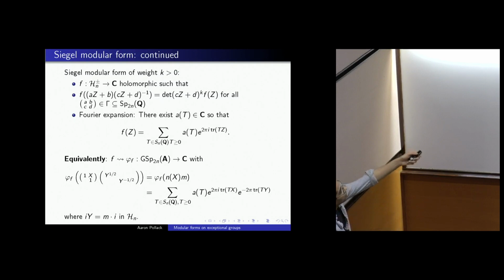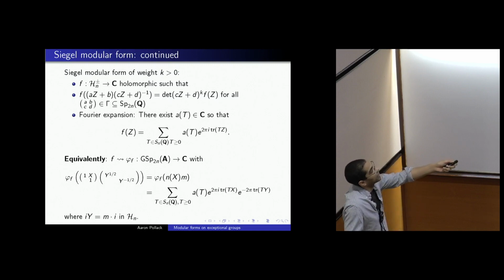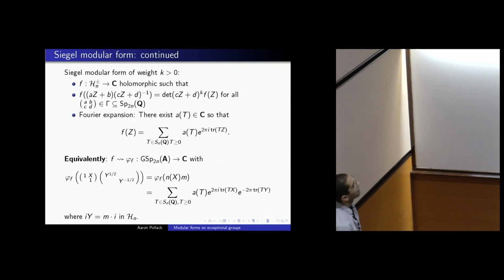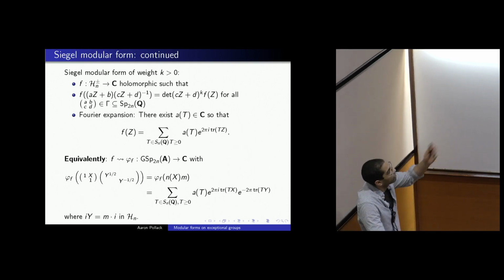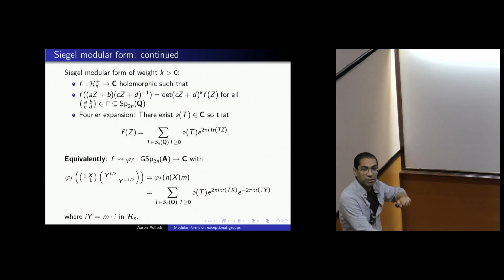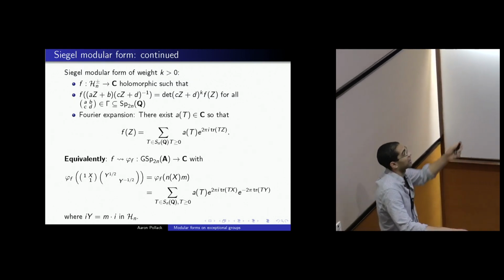Namely, if F of Z is your Siegel modular form, then it has a Fourier expansion summing over n by n symmetric matrices T that are positive definite with rational coefficients, e to the 2 pi i trace(TZ) times a(T). Almost all of these a(T)'s are 0 except for T in some lattice.